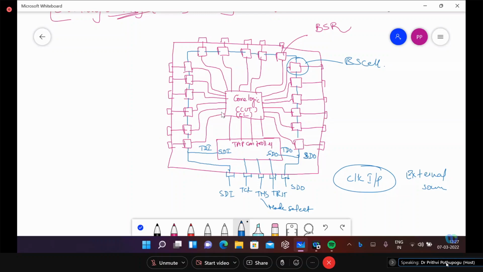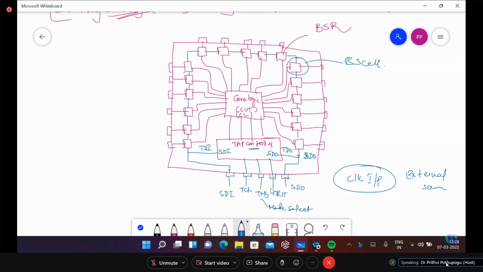Not only that, they will be communicating with the core logic also. Okay, and the data that is being transferred will be provided by the controller based on the mode that is getting selected. Is it a testing mode or a normal shifting mode?